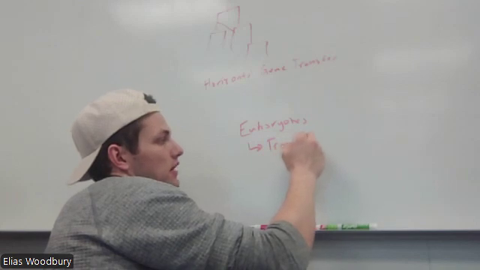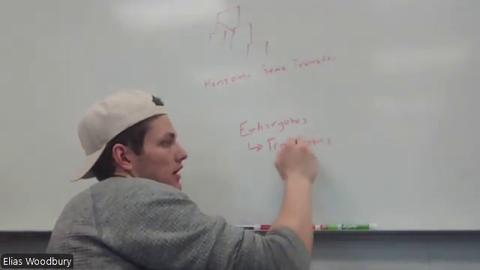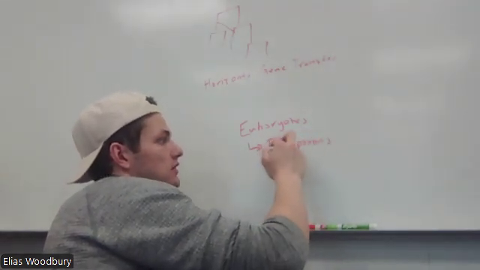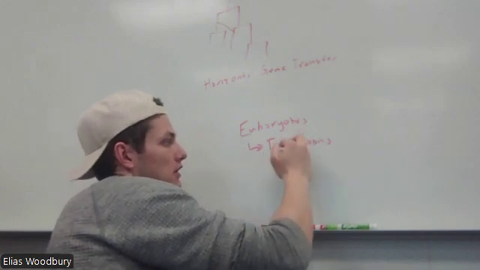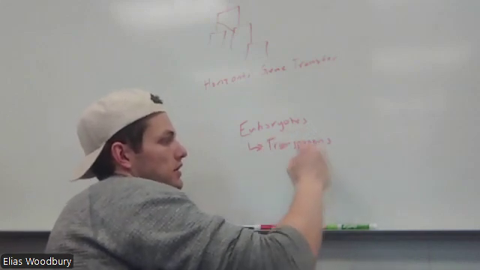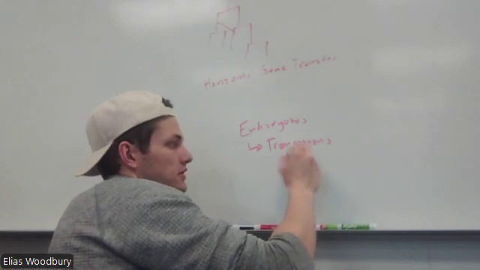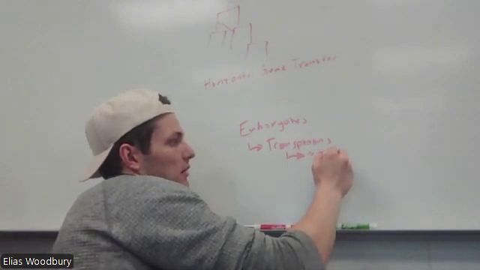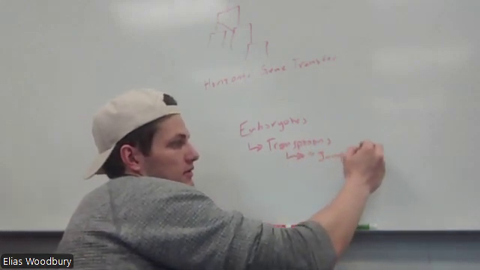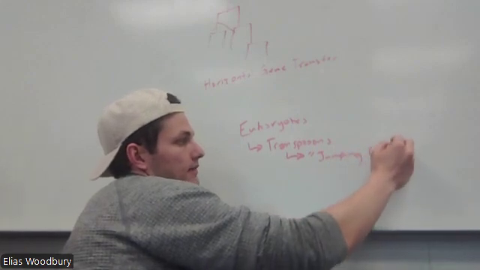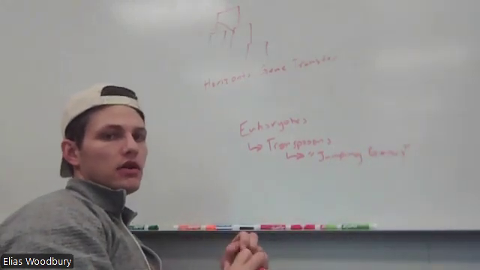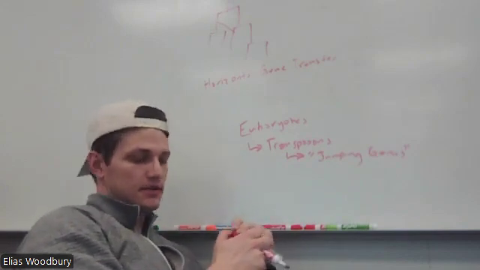So transposons, I should say transposons. Transposons, otherwise known as jumping genes. I don't really know how this works exactly. And if you wanted to learn more about this, take genetics class.